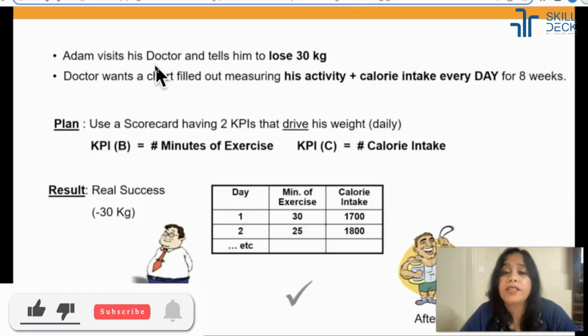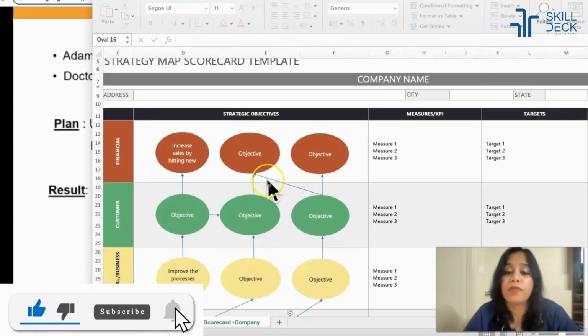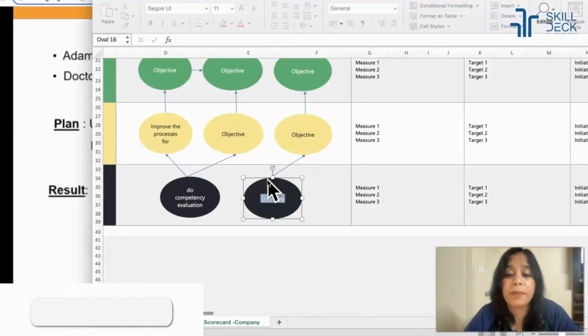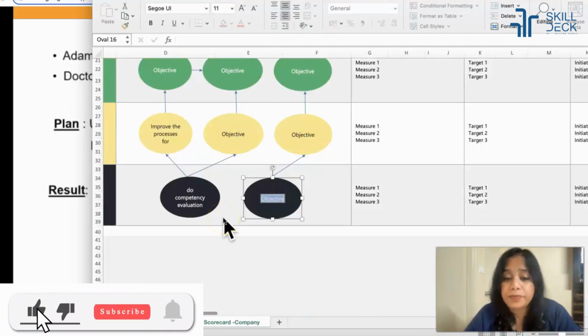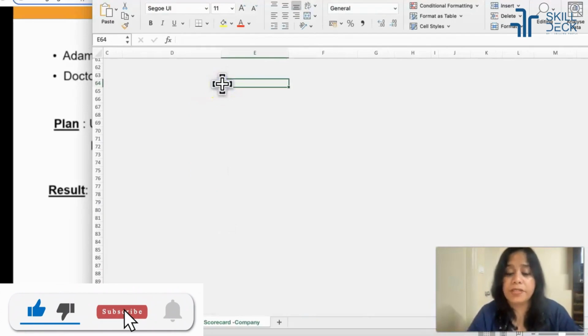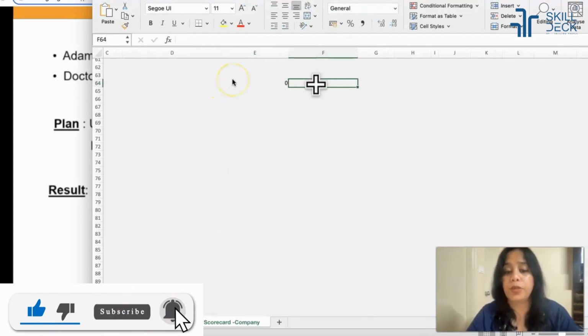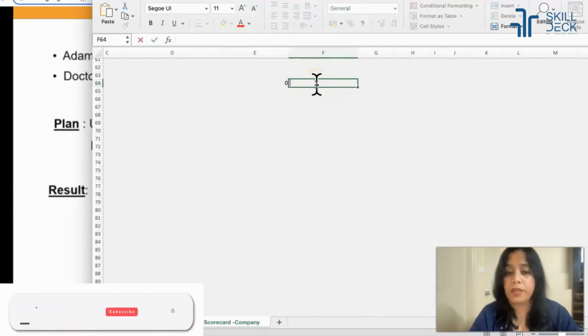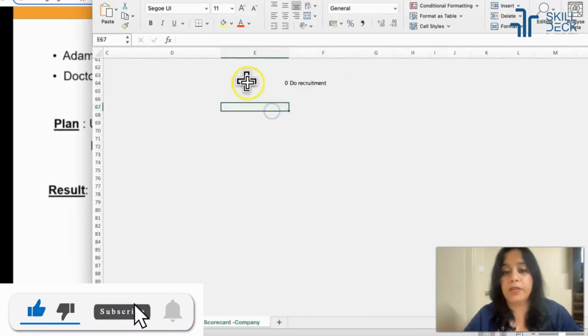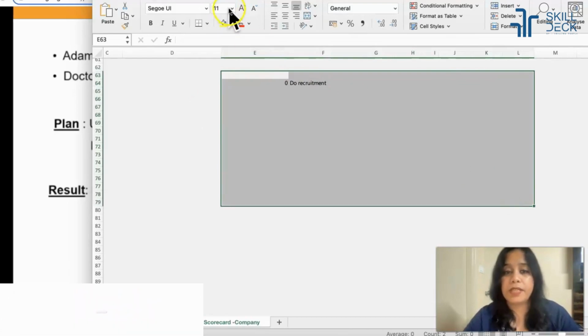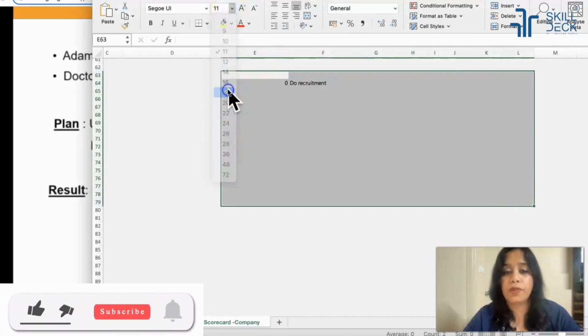To make you all understand practically, let's open the same strategy map we were doing yesterday and take an example. Here, the objective is to do the recruitment. Let me increase the page size a little so that it's visible to all of you.